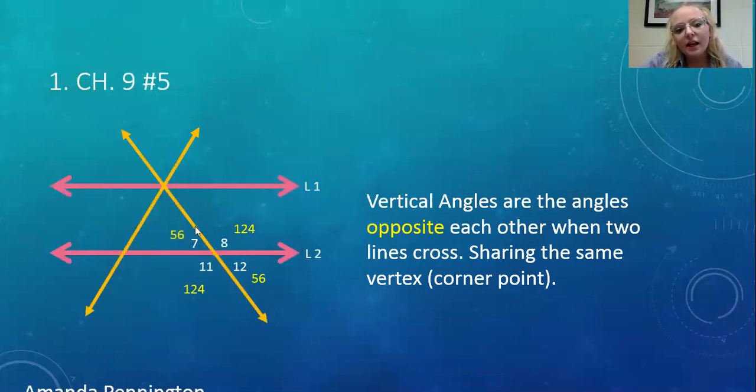So we know that 7 is the opposite of 12 because of the vertex that they're sharing. So these are going to be 56. And 8 and 11 share the same vertex on opposite sides, which gives them the same measurement, which is 124. So that's just how you can tell that those angles are like that. And not all the time will you see this.